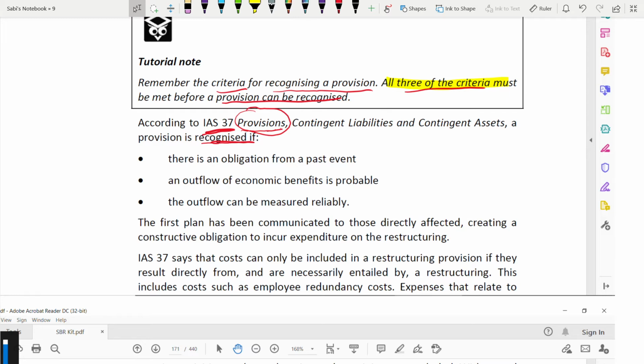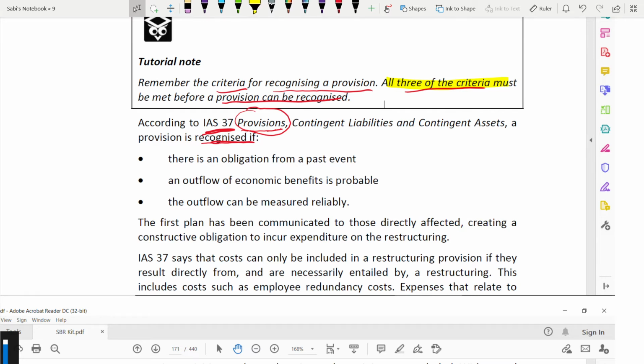Let's say you have an 80% chance of failing, so you're more than 50% sure that you're going to lose, even though not 100% certain. It's a past event, right? Looking at the event today, you can predict the future. So it becomes an obligation for you that there'll be a cost, and you need to recognize it in the financial statements.